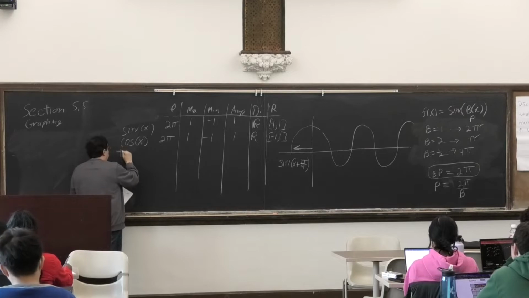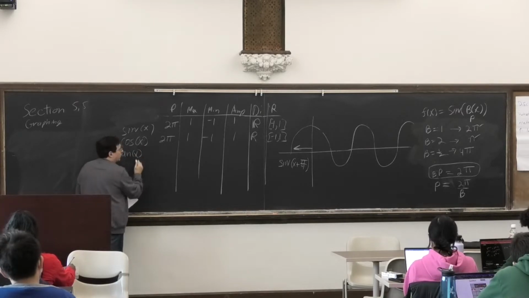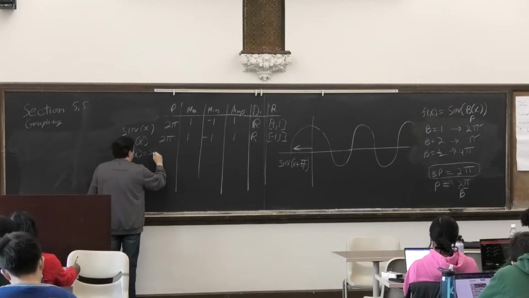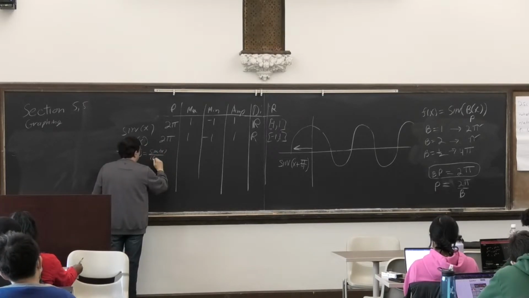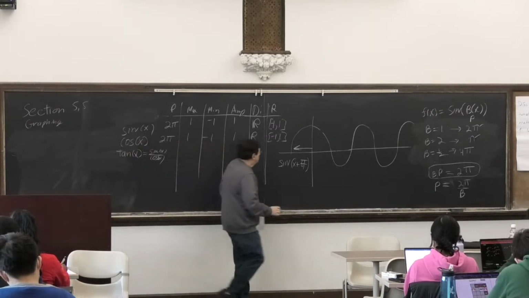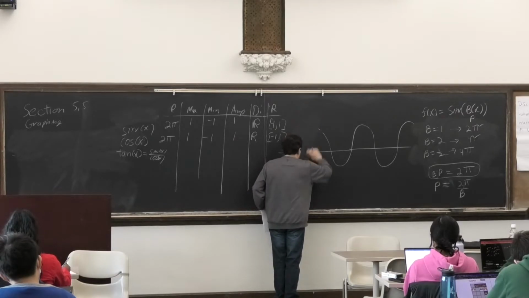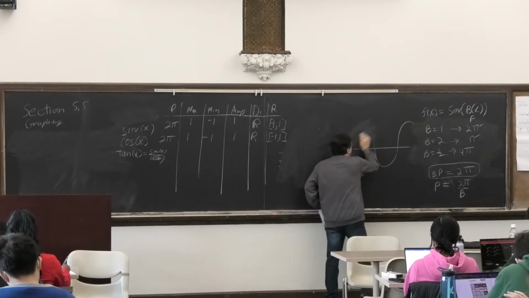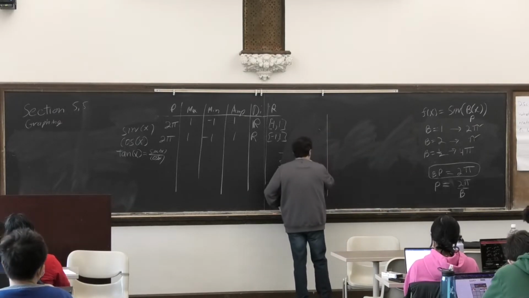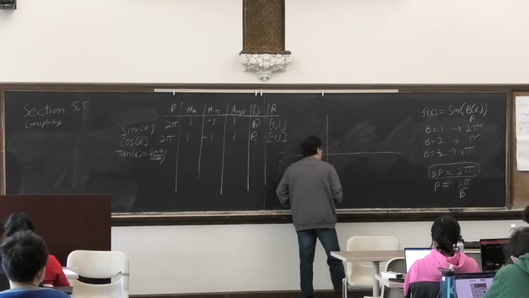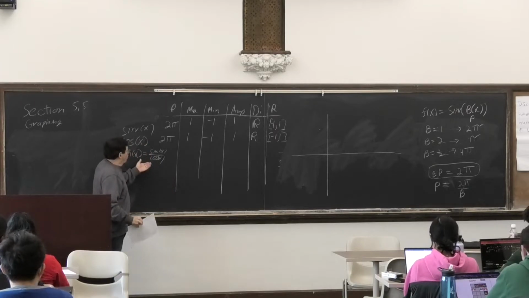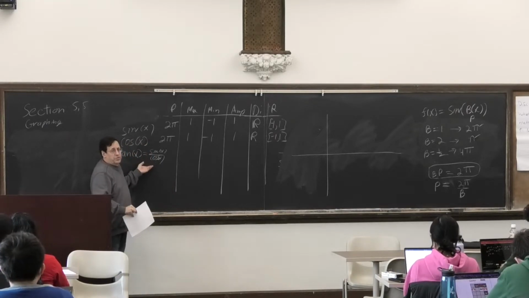Now we come upon tangent of x. We want to look into that a little. This tangent is defined as the sine over the cosine. And the graph you should familiarize yourself with. Well, where is this not defined?